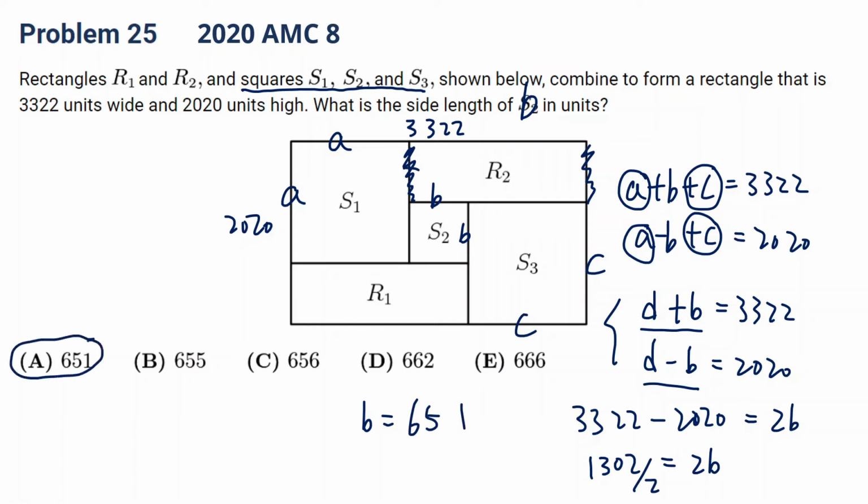Okay. So what we can learn from here is that we can use algebra, assume some letters, and change this whole complex geometry question into a simple equation and then try to solve it.